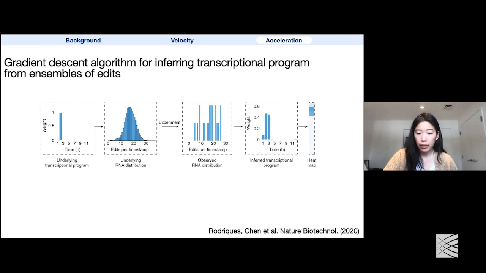So our algorithm for inferring this transcriptional program uses gradient descent to identify the convex combination of these various 1 hour time points that minimizes the L2 norm between the observed and the editing distribution associated with the combination. This combination is our transcriptional program.